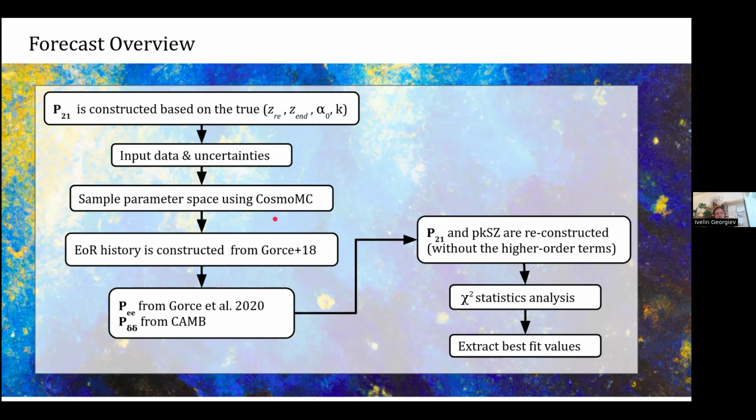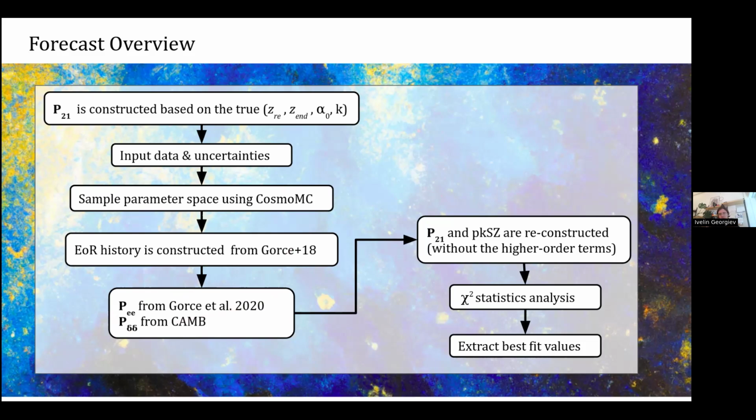We then sample our parameter space using CosmoMC for these parameters. We construct the reionization history using z_mid and z_re, the mid and end point of reionization, construct tau, and use both of these to construct P_e, and we construct the density field from CAMB. Then we can reconstruct the 21 centimeter power spectrum and the pkSZ, and we perform a chi-square analysis and extract the best fit values.